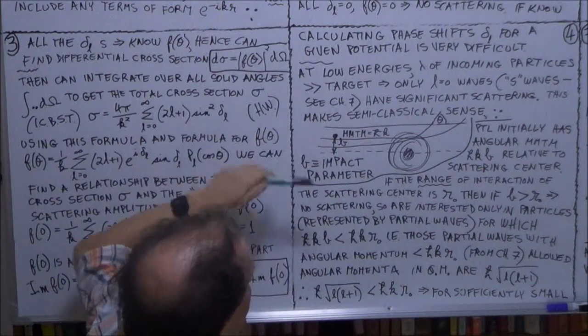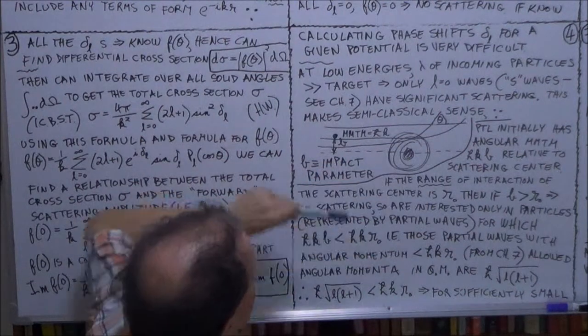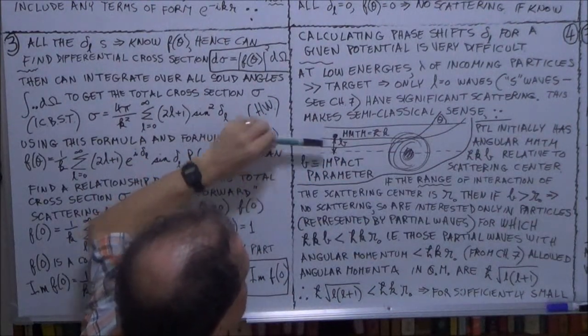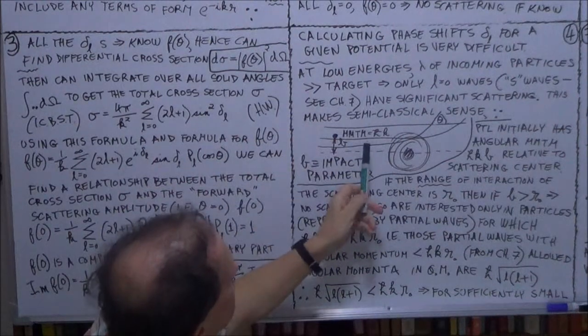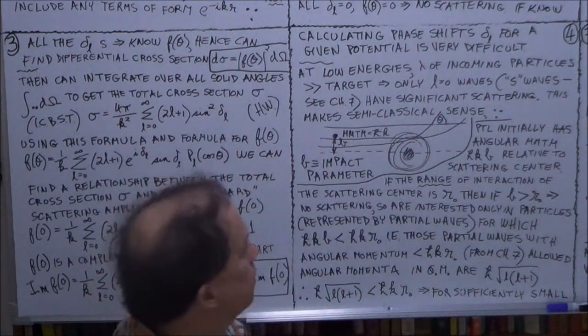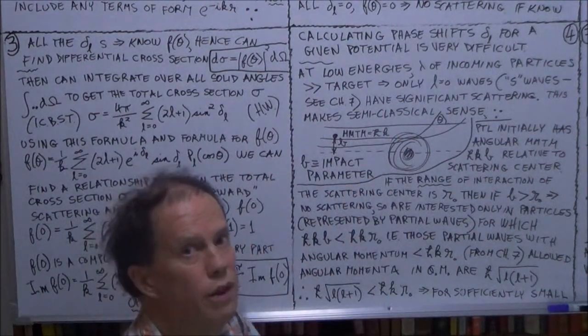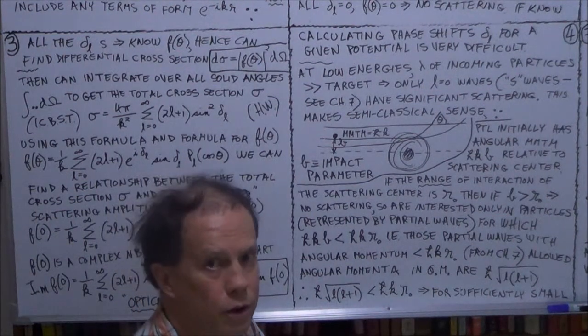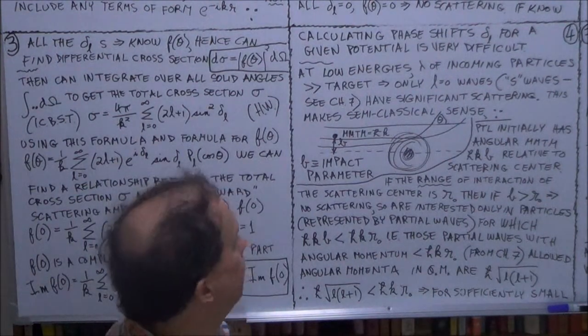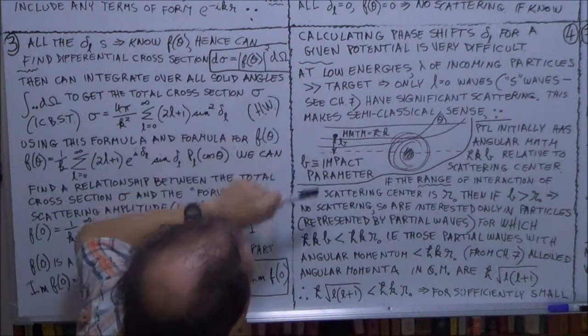It's the following. Here's your target, okay, and here's your particle coming in with momentum h bar k, right? K, the wave number, 2 pi over the de Broglie wavelength, 2 pi over lambda.